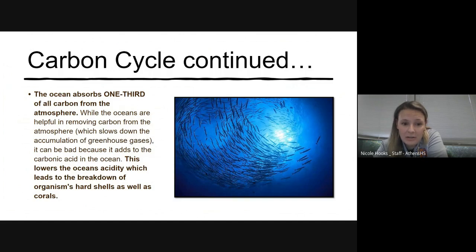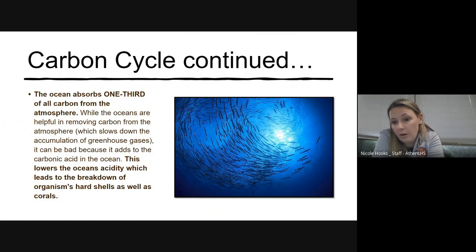The ocean also can absorb carbon dioxide. It doesn't change it into anything, but it takes it in. The ocean absorbs a third of that carbon in the atmosphere. So as the waves churn and things like that, it starts to absorb carbon dioxide. And this actually is raising the acidity level of the ocean.